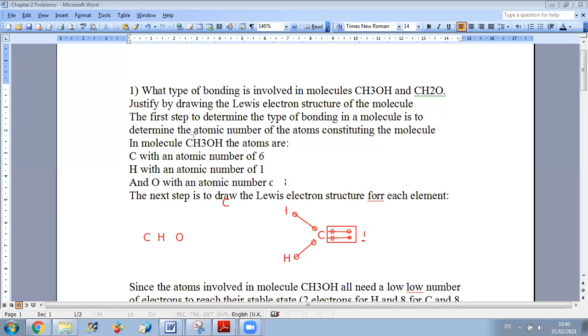To know, you should look at the other atoms. Here, your other atoms, C and O, to be considered a high number, it should be higher than 3. So 4, 5, 6, and 7. Because 8 is already stable, so it does not need to do any other bonding.